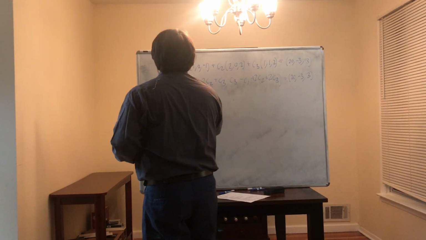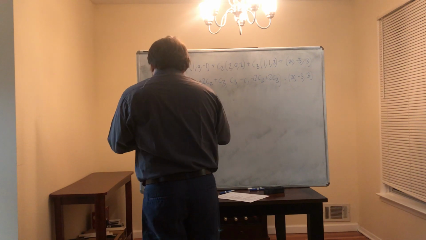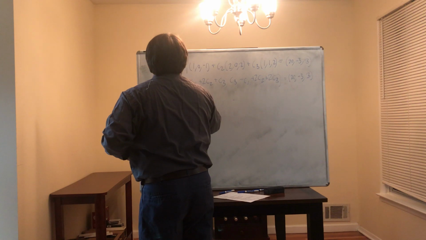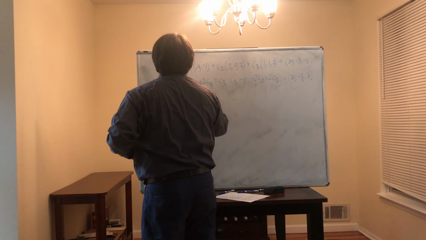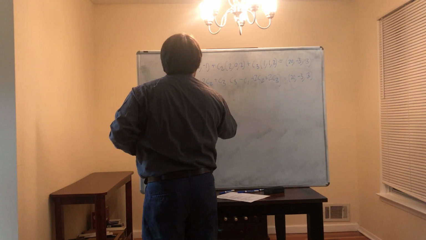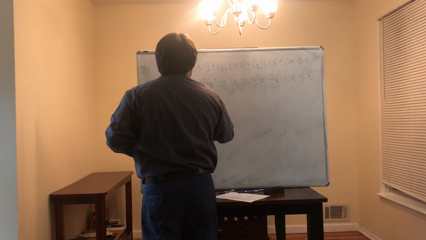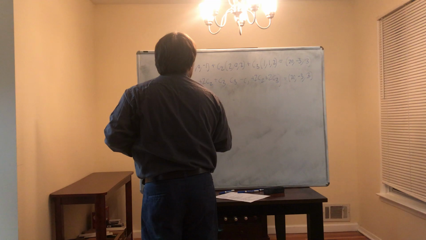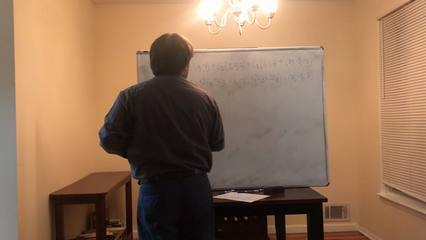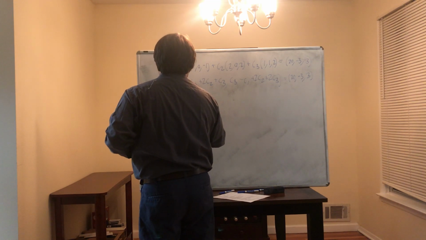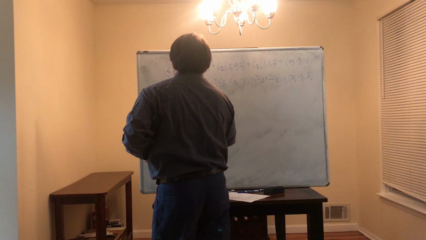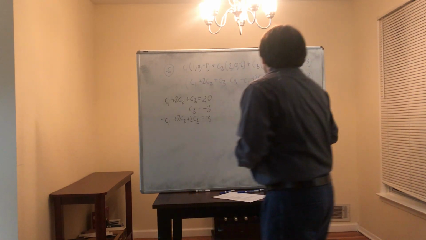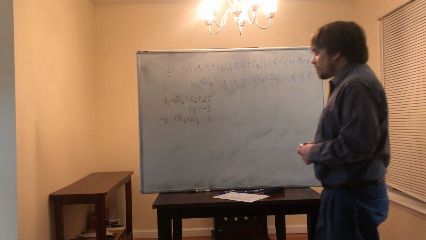You just get that C3 is equal to negative 3. So we want to find all the solutions to this linear system: C1 plus 2C2 plus C3 is equal to 20, C3 is equal to negative 3, and negative C1 plus 2C2 plus 2C3 is equal to 3.